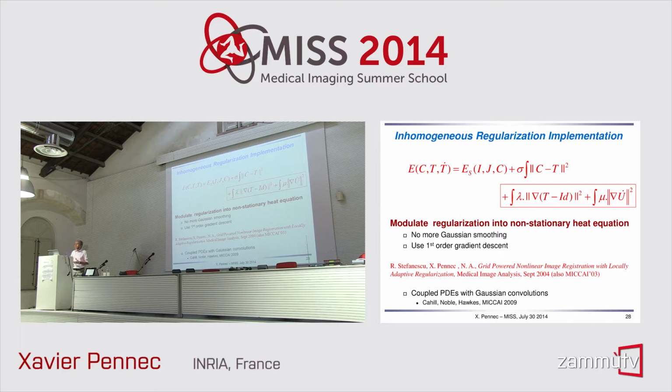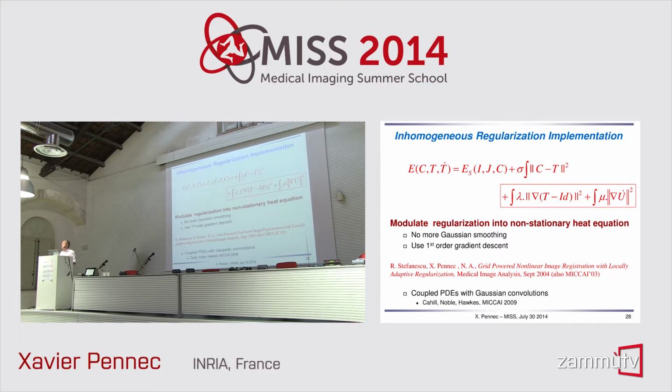Now, the price we have to pay to do that is that we don't have anymore a closed form solution for the second step. So here, the trick of doing the regularization or of putting all the derivatives so that we know the solution doesn't work anymore.